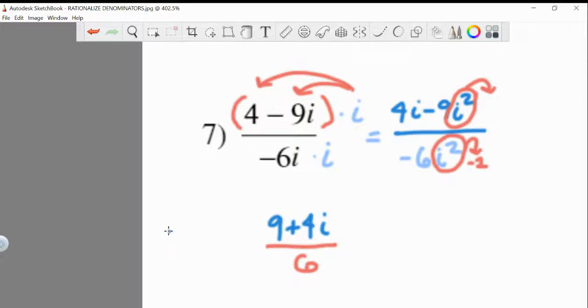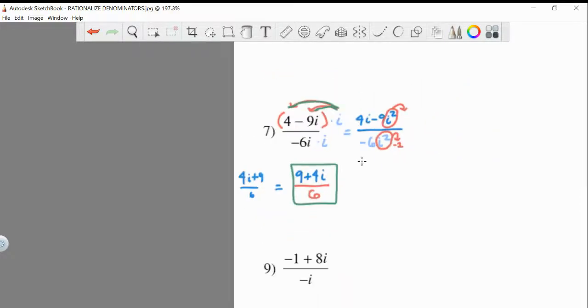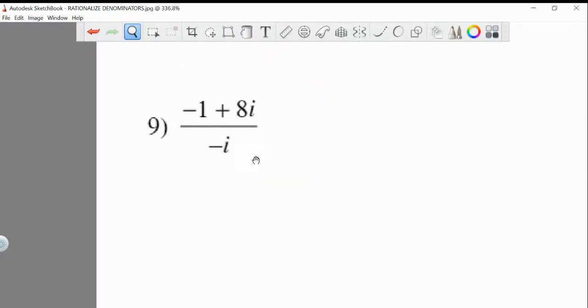So if your answer looks like 4I plus 9, it's still the same thing, but this one is just a little bit better. It's just a little bit cleaner because we have the real number coming first. So it's all the same strategy, just distributing the I. That's not too bad. Let's do one more really quick, and then let's just cruise.